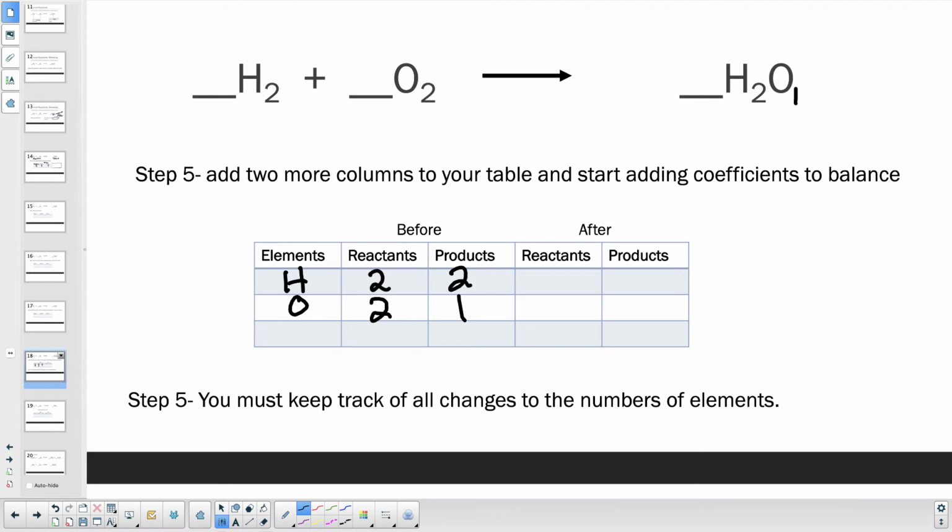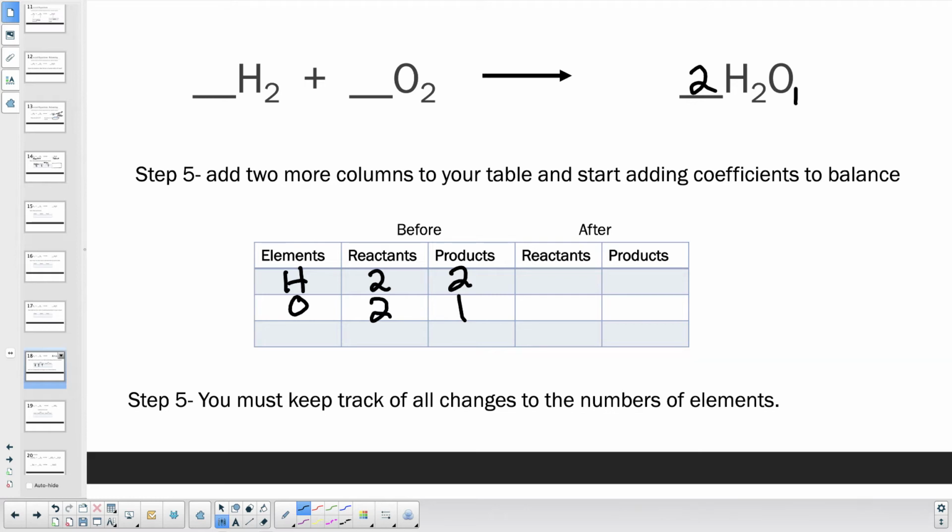All right, so hopefully you figured out that if you put a 2 here as your coefficient, that'll give you 2 oxygens. And so once you make a change anywhere, whether it's on the reactant side or the product side, you have to keep track. So what we do is we fill in the reactant side and the product side after we've made changes.